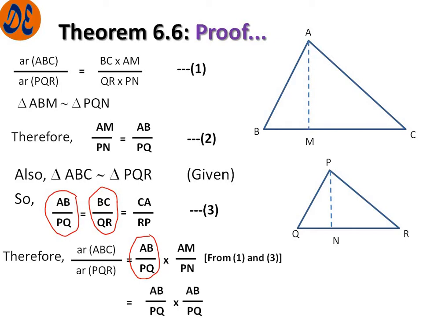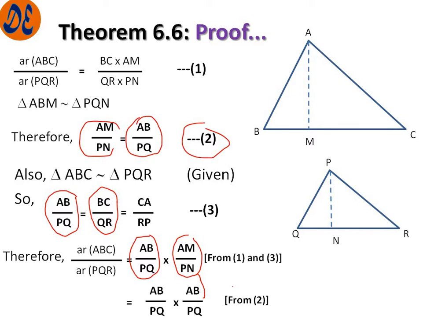Again, if you go forward, we see that in equation number 2, AM by PN is equal to AB by PQ again. So again replacing this one with this one, we are getting AB by PQ whole square, because if we multiply, both are the same thing, so we will get a square.